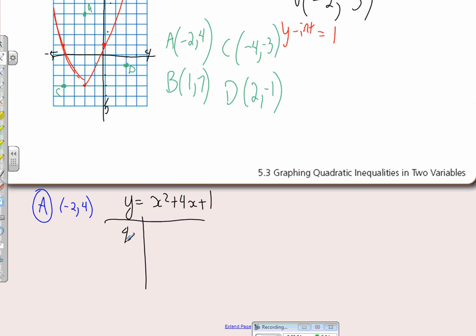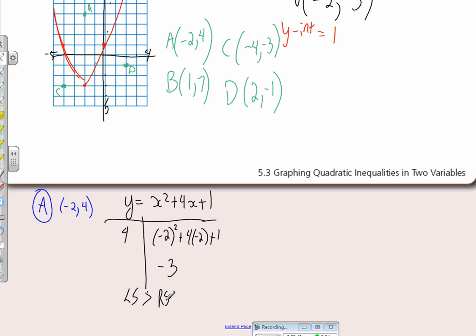Right side is going to be negative 2 squared plus 4 times negative 2 plus 1. And when we work that through, we're going to get negative 3. So here we know that the left side is greater than the right side at point A.